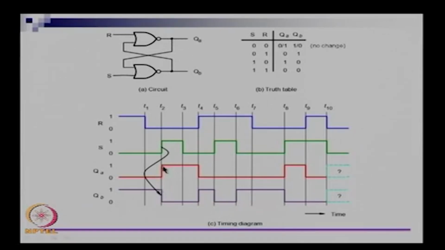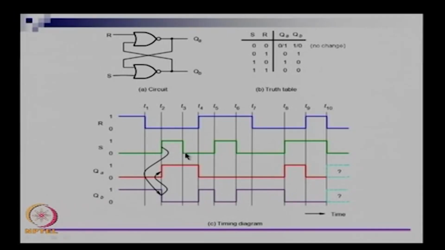So, QA becomes 1. You can see the direction of arrow here. So, S becoming 1 changes QB to 0, and QB changing to 0 changes QA to 1. Now, at this point let us say S went back to 0 at T3.